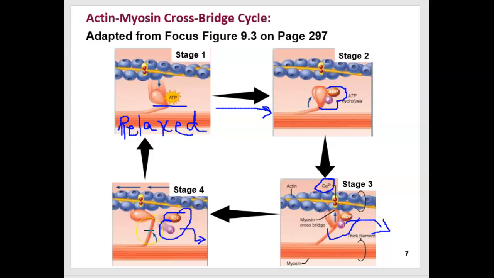That release of ADP causes the myosin head to swivel or shift, pulling the actin filament when it shifts. So now what we have is a cross bridge that's formed, and we have a contracted sarcomere, probably a contracted muscle if this happened everywhere.